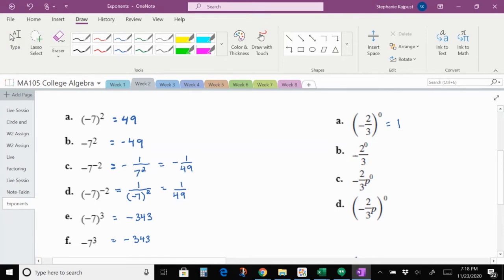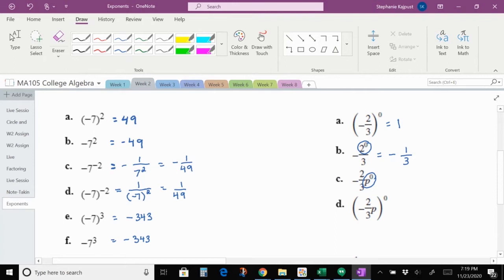So on B here, we have a negative and then 2 to the 0 over 3. That 0 is only attached to the 2 because there's no parentheses or anything else. So that's the only part that becomes a 1. So this would become a -1 over 3. And in C, we have a 0 on our variable.